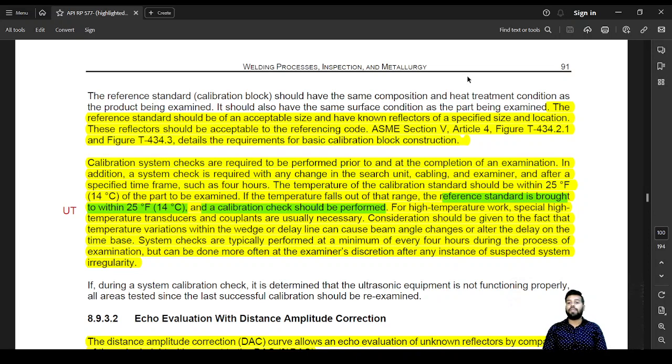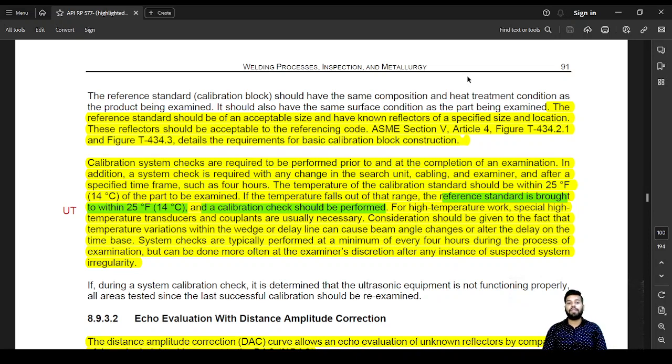The temperature of the calibration standard should be within 14 degrees of the part being examined. If the temperature falls out of this range, the reference standard should be brought to within 14 degrees Celsius of the object and the calibration shall be checked. For high temperature work, special high temperature transducers and couplants are necessary.